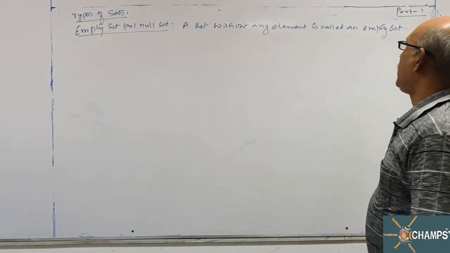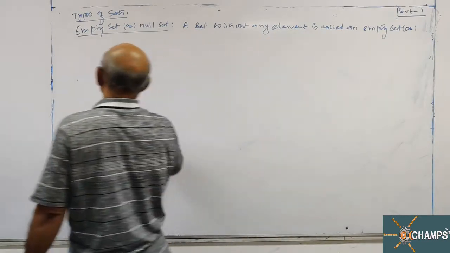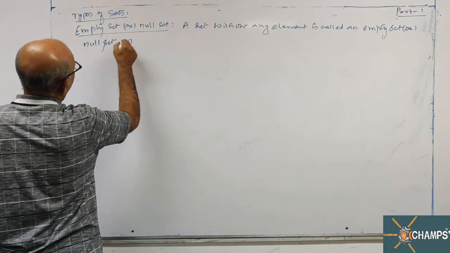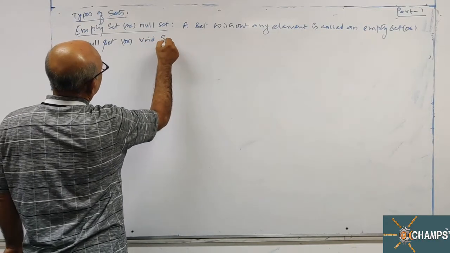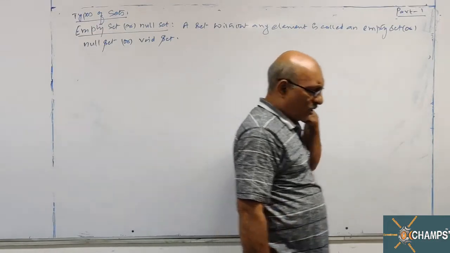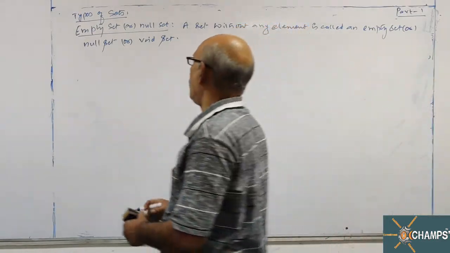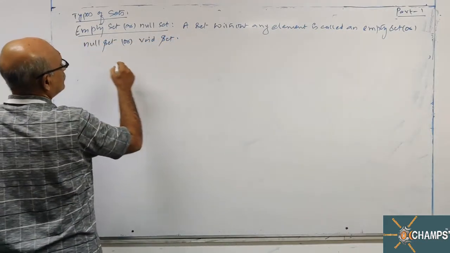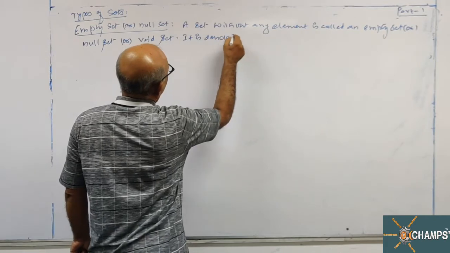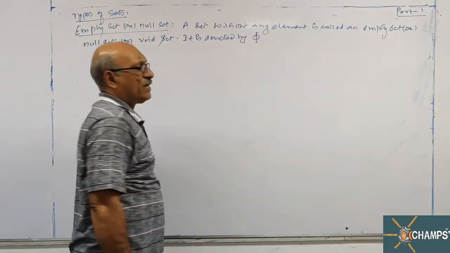A set without any element is called an empty set or a null set or a void set. It is denoted by phi.